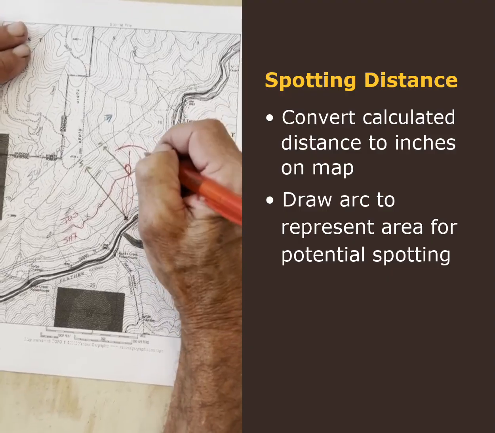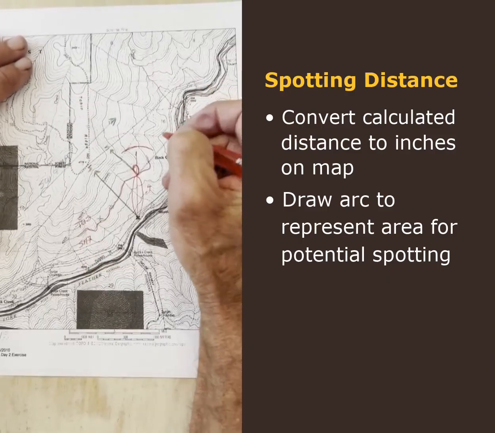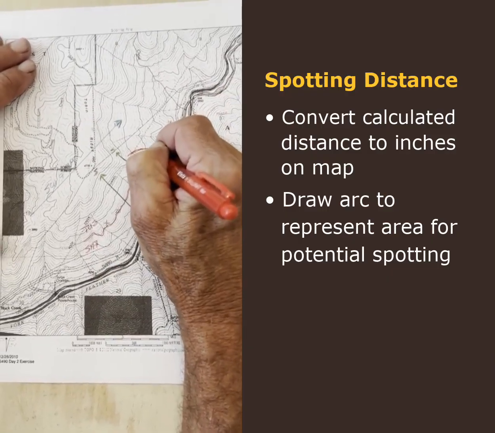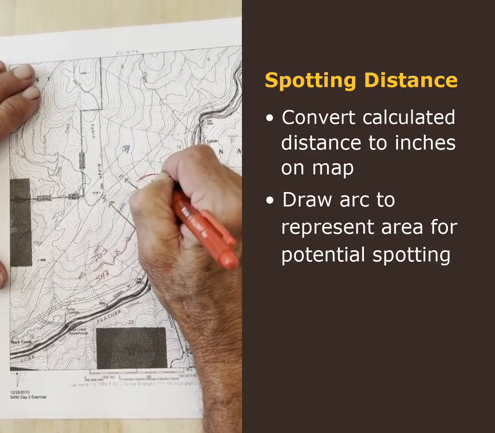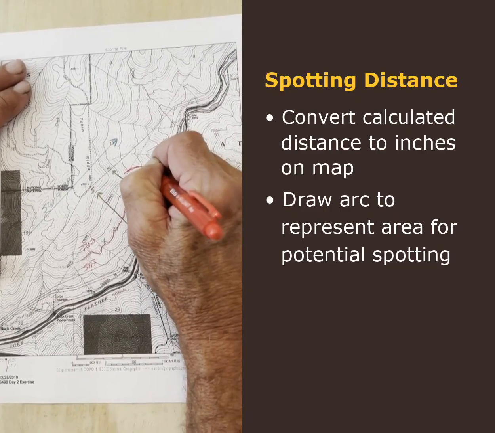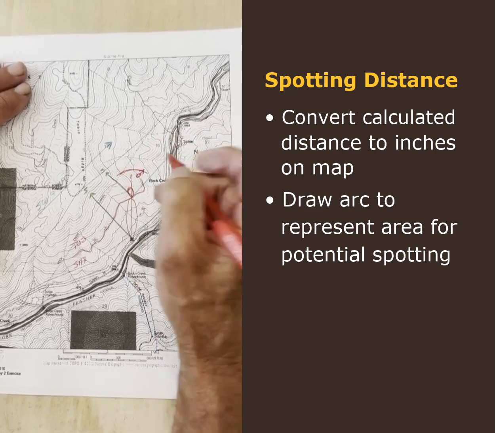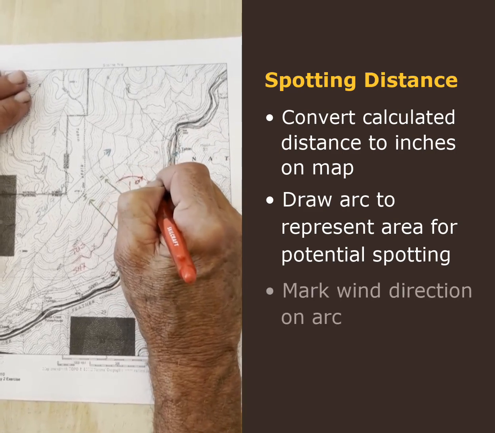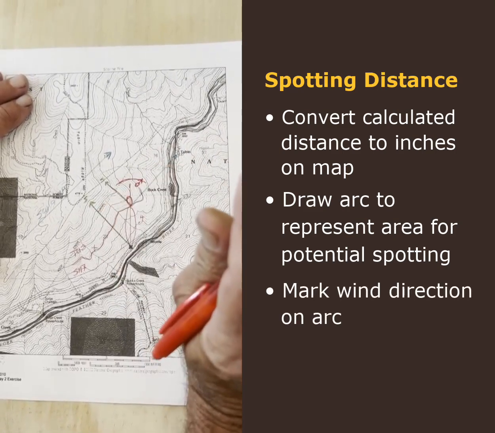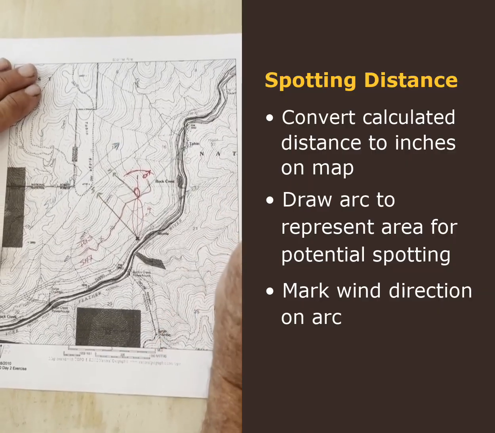But with experience and the canopy height, there's a good potential that most of the spotting would be in this area here, going with the wind. So I just put a little tick there, but this indicates where the potential spotting is. And that's how you set up the map to expose your run.